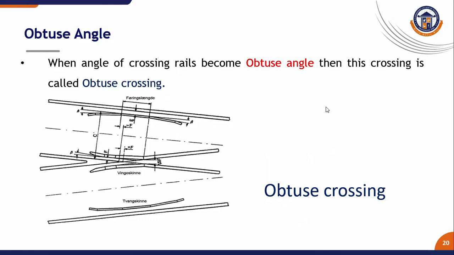You see the V crossing and straight line crossing as well as a divergent crossing. Everything should be properly designed for the functioning of the diversion of the train.